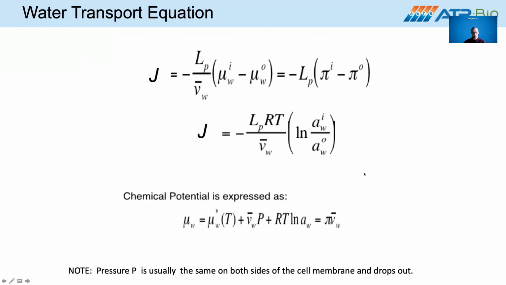So this is what the transport equation looks like. Basically, flow out of the cell is due to this osmotic pressure difference between the internal and the external parts of the cell, and the chemical potential and chemical activity of the two intracellular and extracellular spaces.